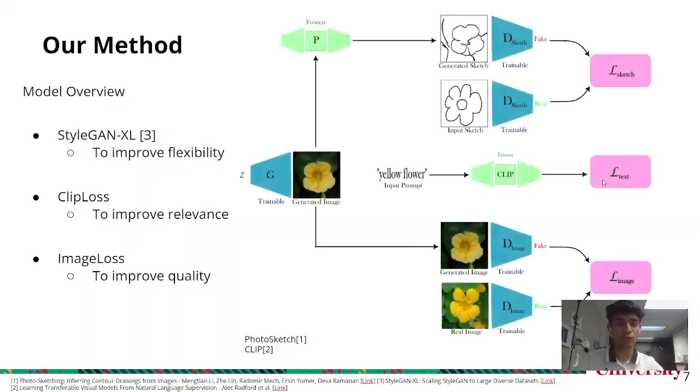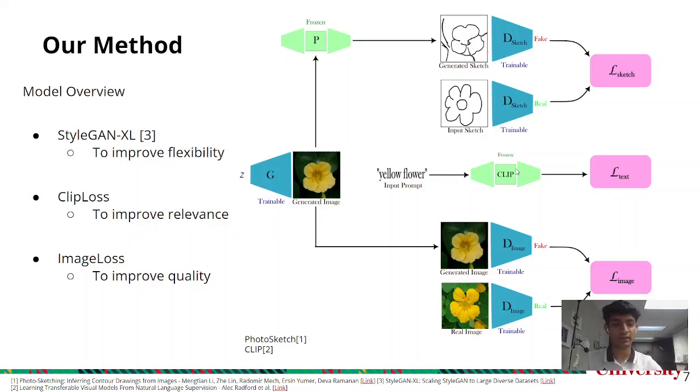This is an overview of how the model looks. You can see the P model is the photo sketch model, which is used to generate sketches or contours of input images. This helps us to match the contour of a generated image to what the user wants, and gives us a sketch loss term which is used to match the user sketch.